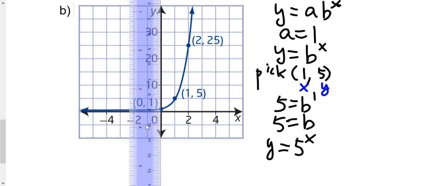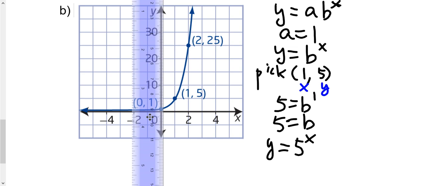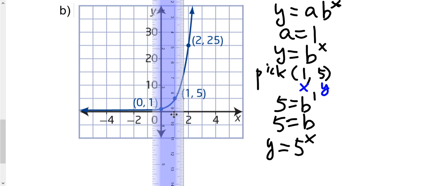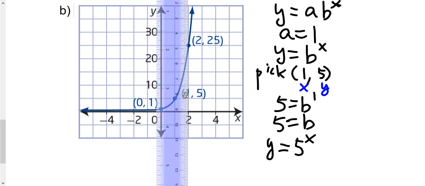So if you look at this, this is 0 and 1. Let's go up by 1 in the x value. So now look at this one. This is 1 and 5. Look at the changes in y value. It goes up by 5. Let's go up by 1 unit in x from 1 here to 2 here.